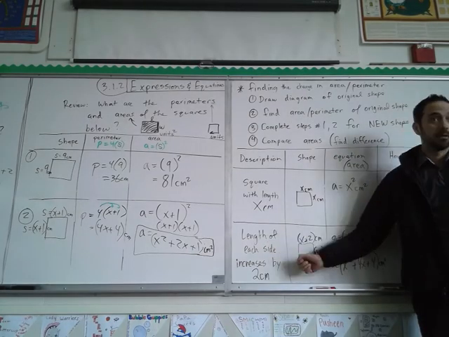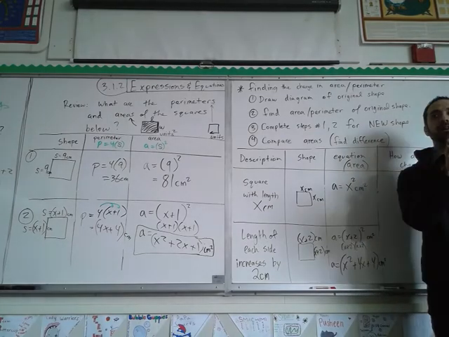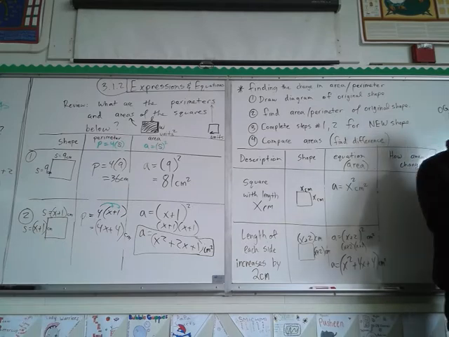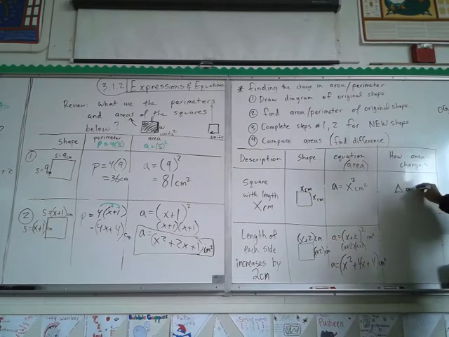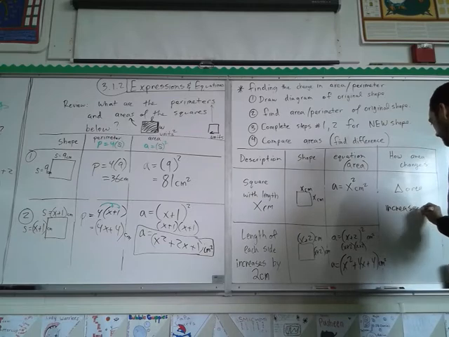Right. If you have a square and you increase the sides, you're going to increase the area within it as well. Okay, so I'd say that the change in the area, it increased by 4x plus 4 centimeters squared.